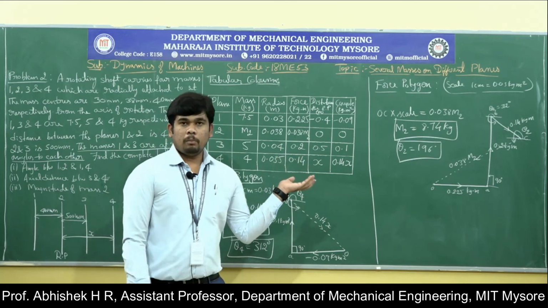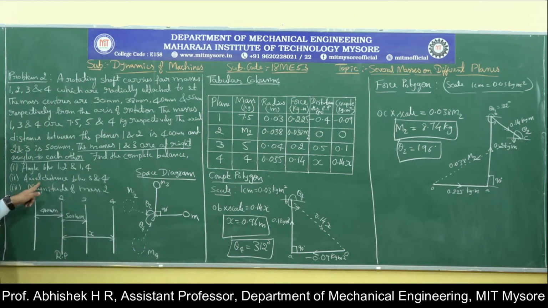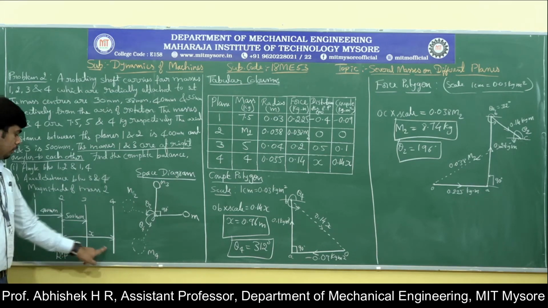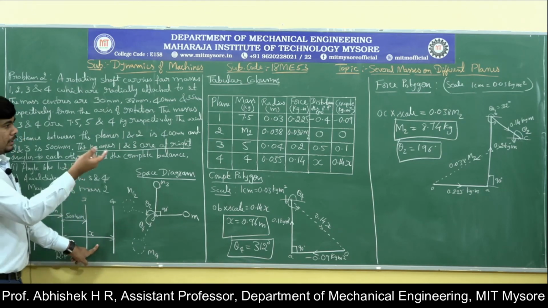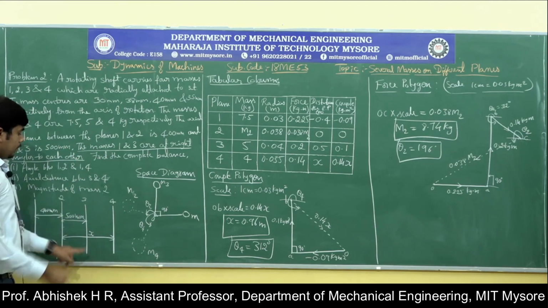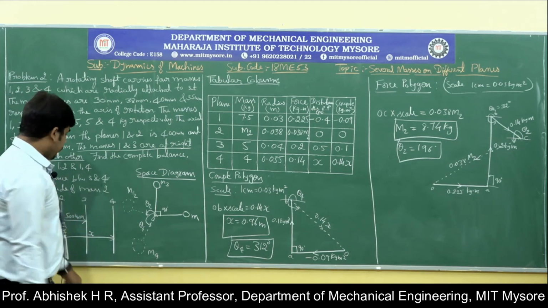We have got almost all the values, but we need to find the axial distance between 3 and 4, whereas the value of x I got is from 2 to 4. So from 2 to 4 I have considered as x. So x is 0.96, but what I want is the distance between 3 and 4.